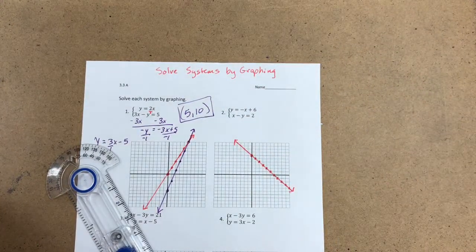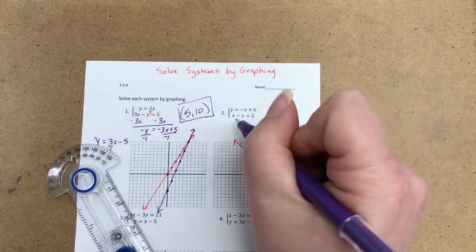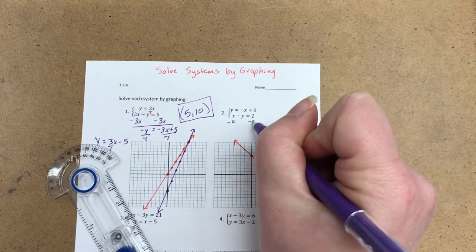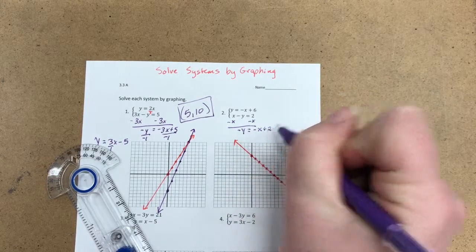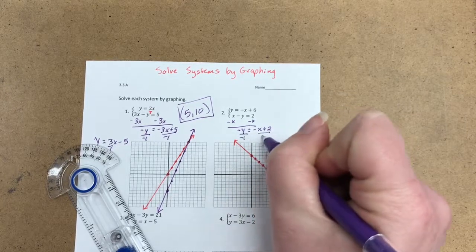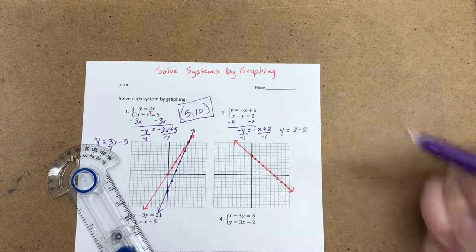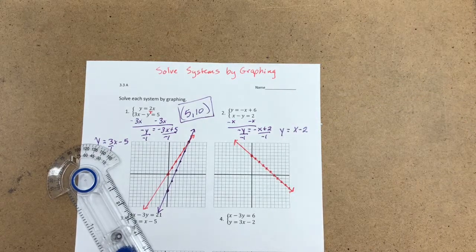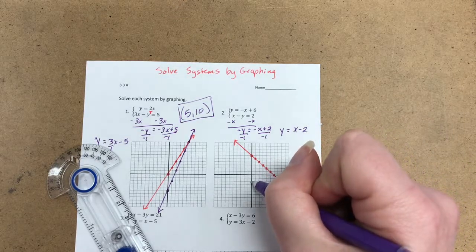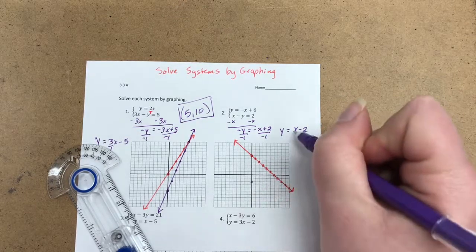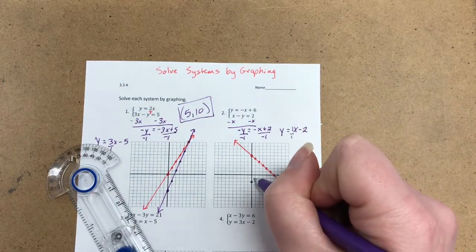For the second equation, since it's not solved for y, I have to do that first. I will subtract x from both sides and get negative y equals negative x plus 2. Divide both sides by negative 1, and I get y equals x minus 2. I'll graph my y-intercept of negative 2, and then my slope is a positive 1, so I'll go up 1, right 1.